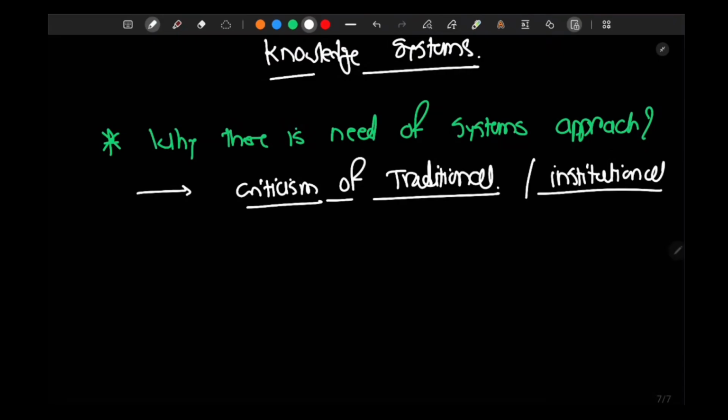You can link this again to the decline and death of political science. Behavioralism came, then comparative politics came, right? Why is there need of systems approach? Number one, as criticism of traditional approaches. What is the issue with traditional approaches? What are the limitations of traditional approach to comparative politics, as we have seen in the last lecture?